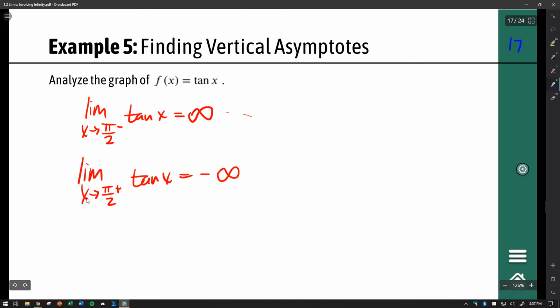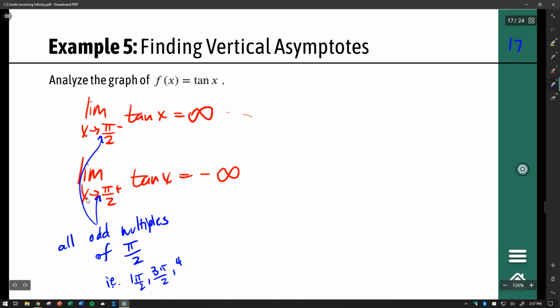And I'm going to make a little note here: all odd multiples of pi over 2, so, for instance, 1 pi over 2, 3 pi over 2, 5 pi over 2, and so on, would all be vertical asymptotes.